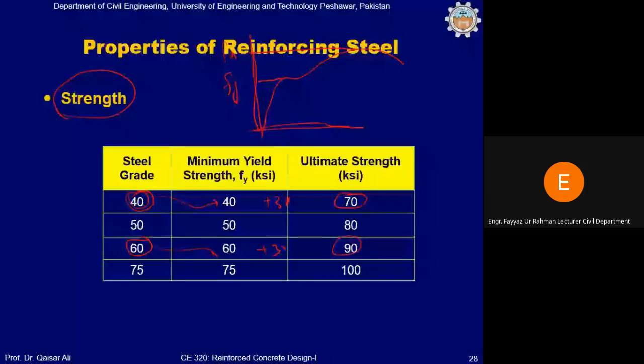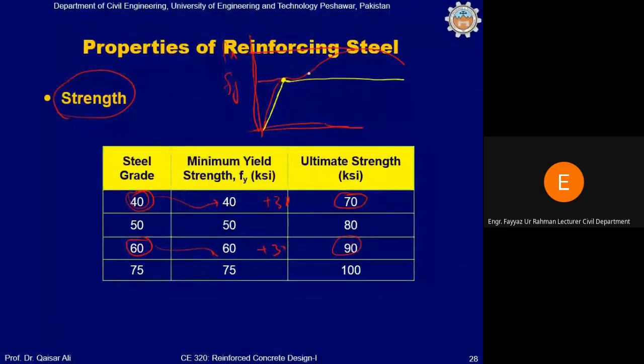However, for design purposes, we convert this curve into an elastoplastic curve. What we do, this is the yield point. We assume that there is a linear variation of stresses and strains up to the yield point, and after the yield point there will be no increase, no strain hardening in the steel.